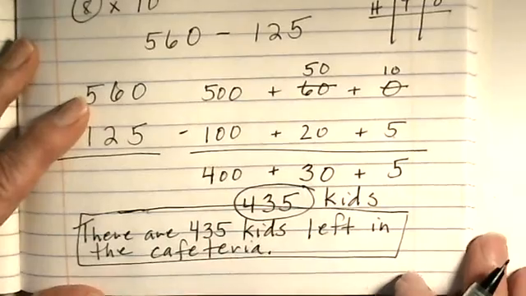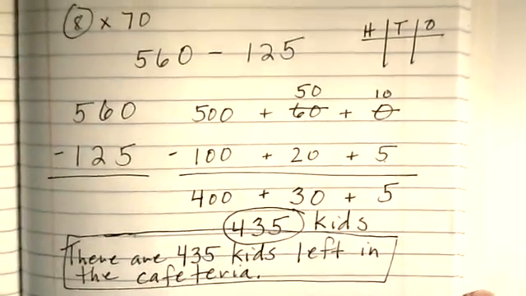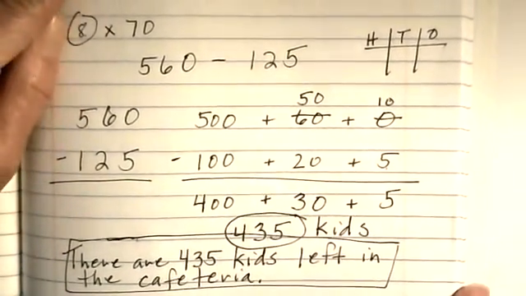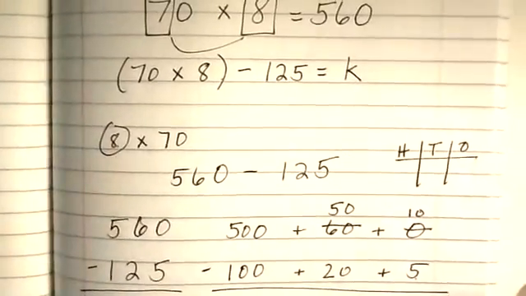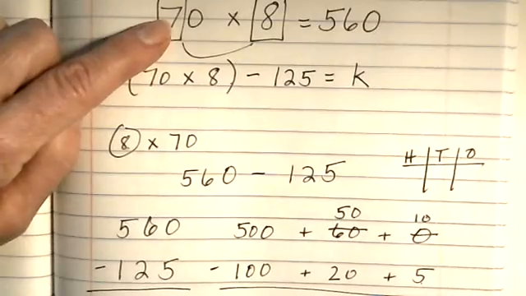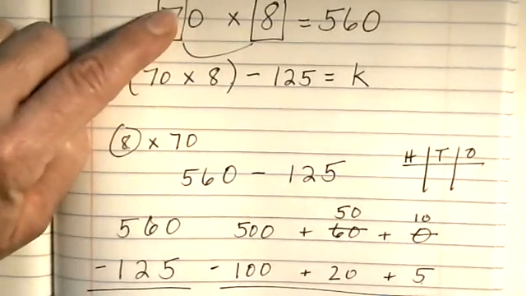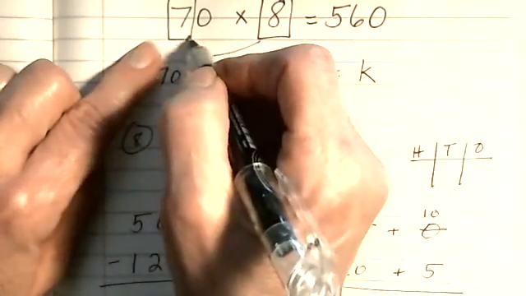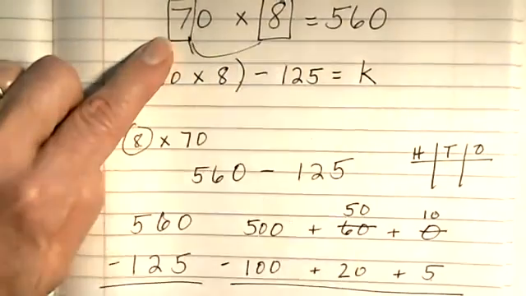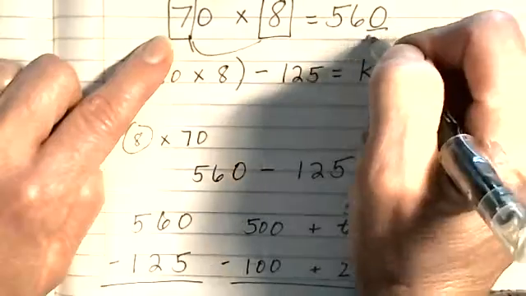All right? I used a bunch of different things for this problem. I used multiplying. I used knowing that when you multiply by multiples of 10, like 10, 20, 30, 40, 50, 60, 70, you multiply the basic fact, 7 times 8, and then you add a 0.